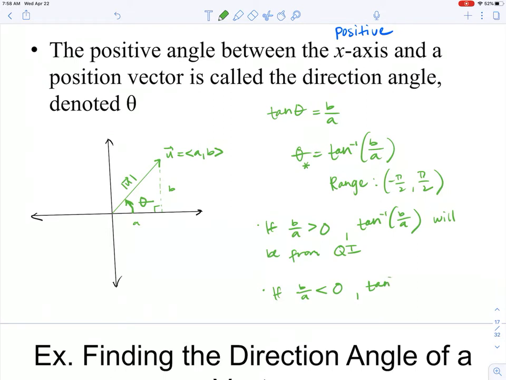If b over a is a negative ratio, so less than 0, then inverse tan of b over a represents a negative angle from quadrant 4.